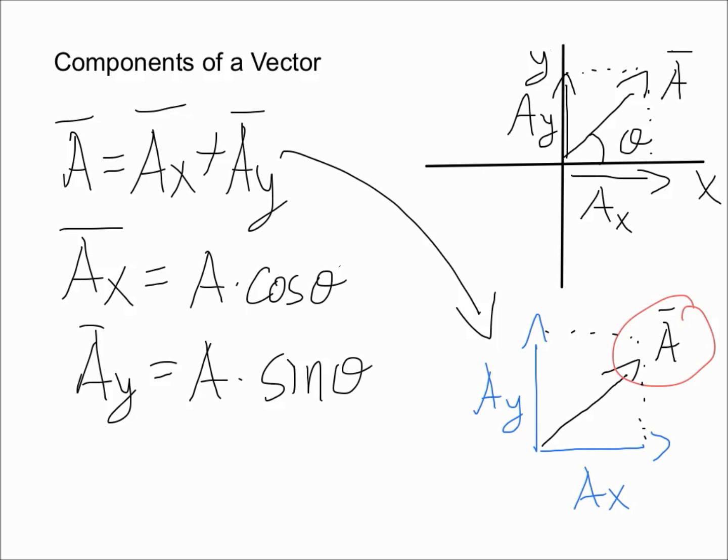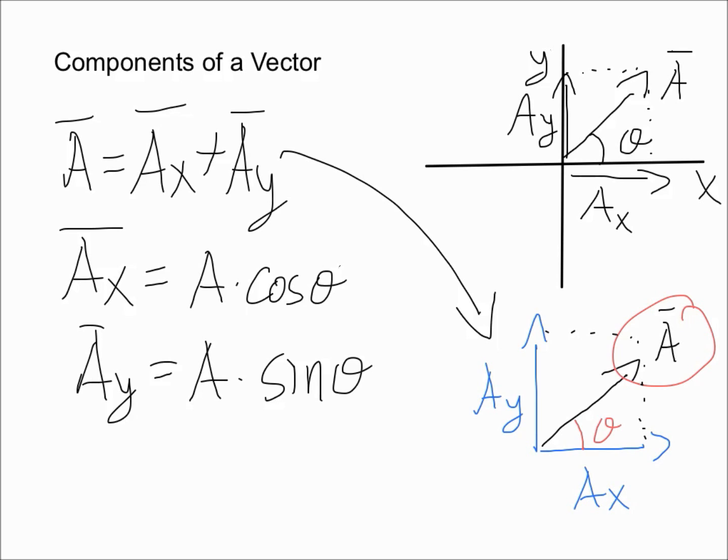An easy way to know which will have the cosine and which will have the sine is to see where the angle is placed. So in this case, our angle theta is between the vector A and the vector ax. So that's where our cosine is going to be.